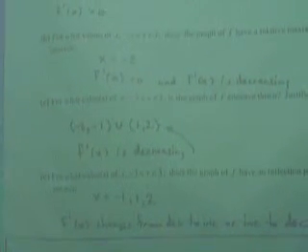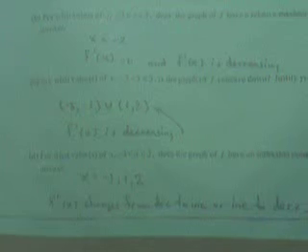That would not be considered a point of inflection because it's concave up and concave up. So the fact that our second derivative is equal to 0 there isn't enough information. Not only does the second derivative have to be 0, but it has to pass all the way through the x-axis, meaning it's got to be positive on one side and negative on the other side. Does that make sense? So that could be part of your answer, but you'd also have to say that it passes through.